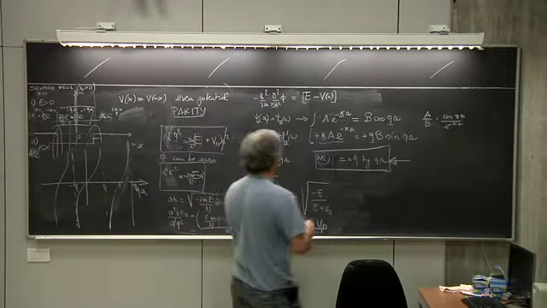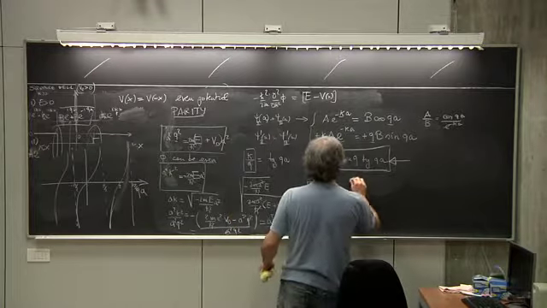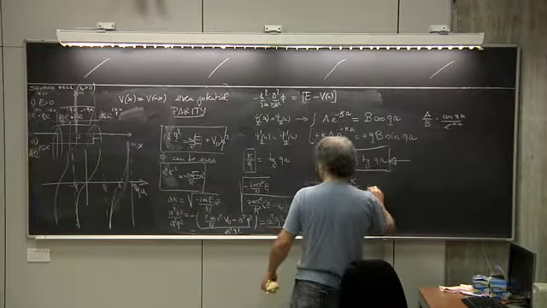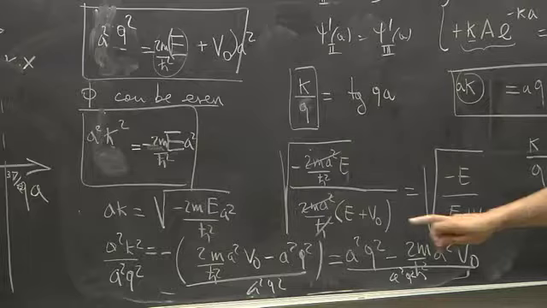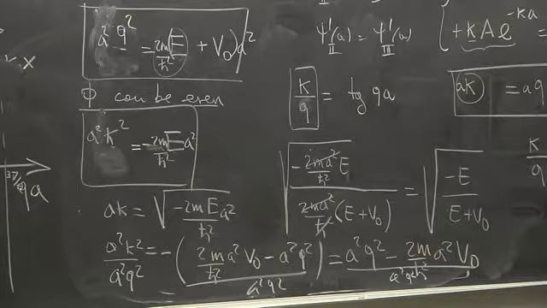So you immediately see that k over q is the following function. It is the square root of 1 minus 2m over h bar square v0 over q square.